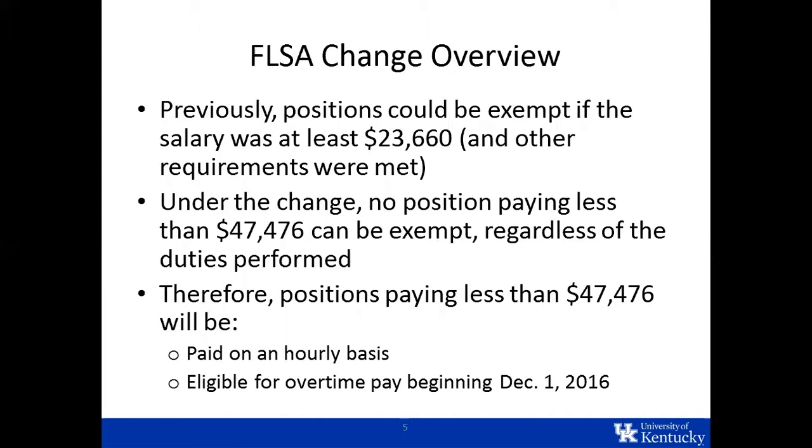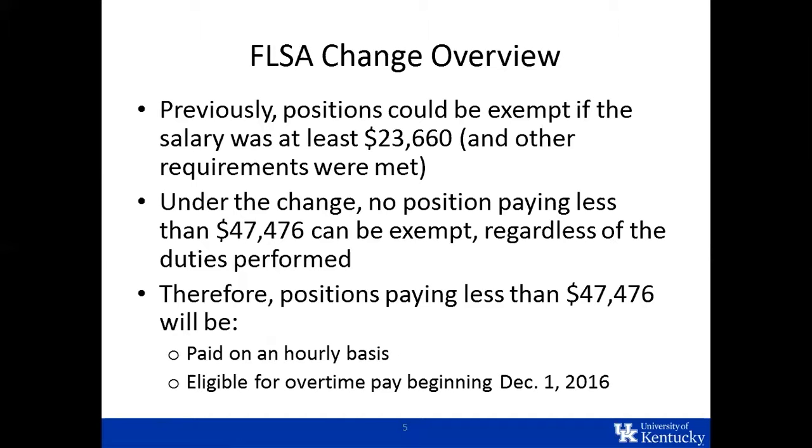The aspect of this ruling that has changed is how a person is classified. There are two main things that need to happen in order for a position to be classified as exempt. The first is a job duty evaluation.